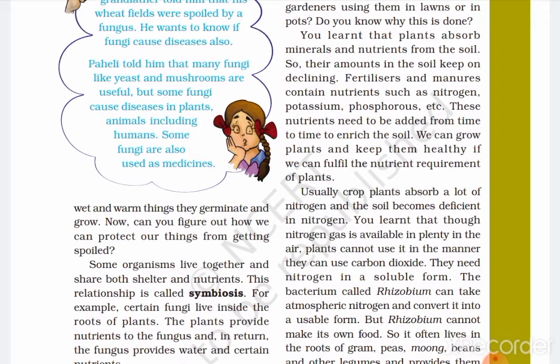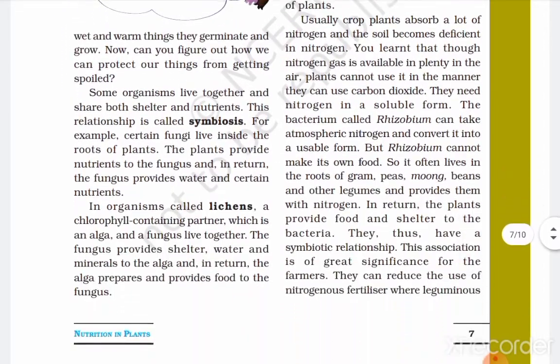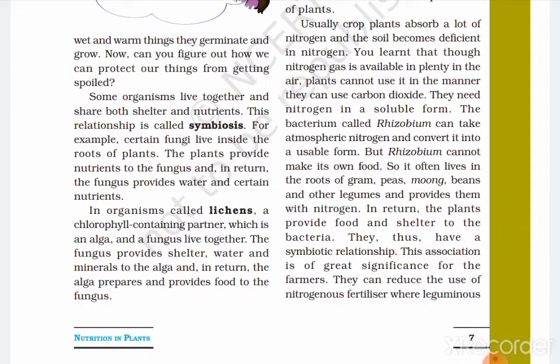The bacteria called rhizobium can take atmospheric nitrogen and convert it into a usable form, but rhizobium cannot make its own food. So then there is again a symbiotic relationship between rhizobium bacteria and the leguminous plant.